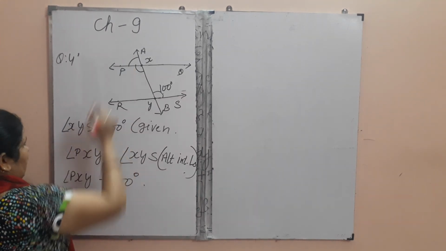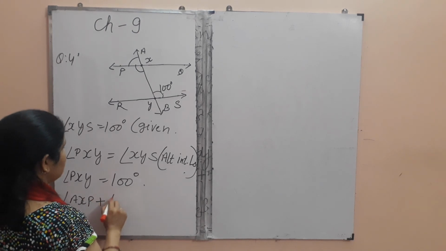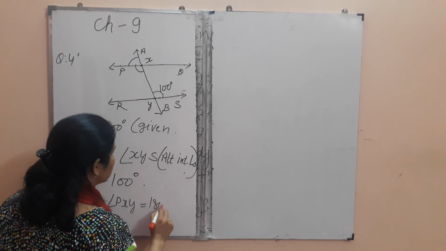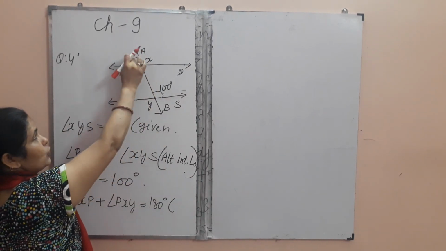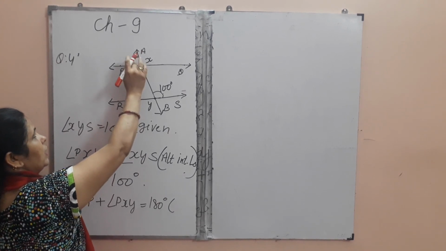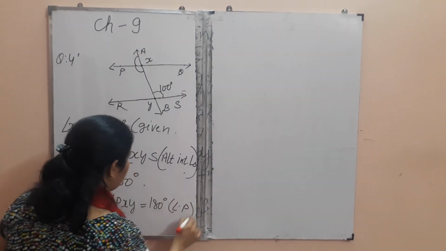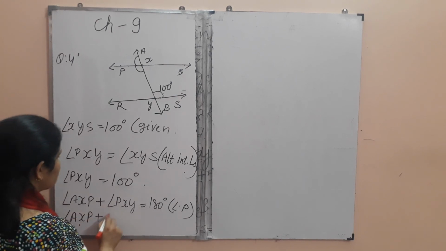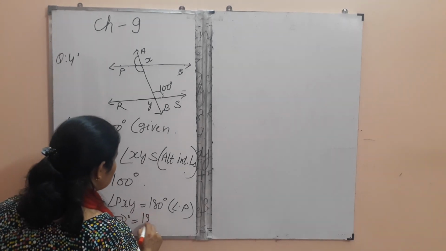Now angle AXP plus angle PXY equals 180 degrees. Why? Because this is a linear pair. On the straight line two angles are formed, so they are a linear pair. So angle AXP plus PXY, which we found to be 100 degrees, equals 180 degrees.